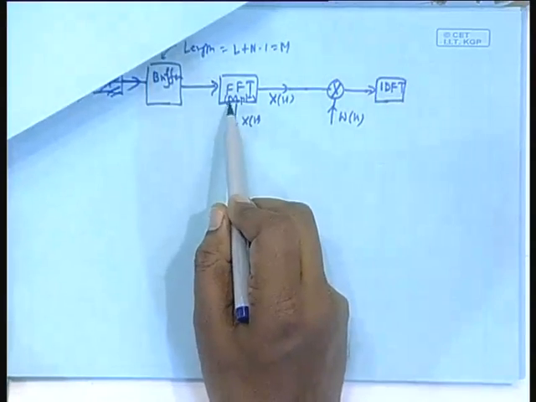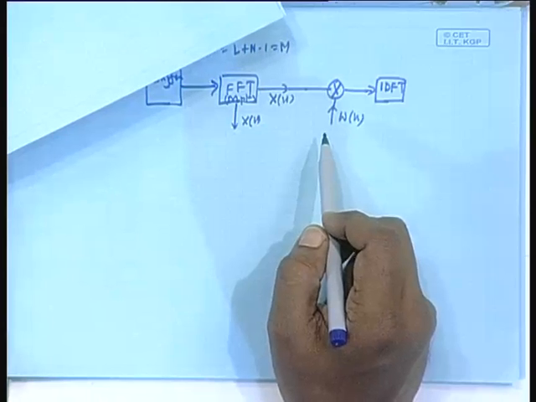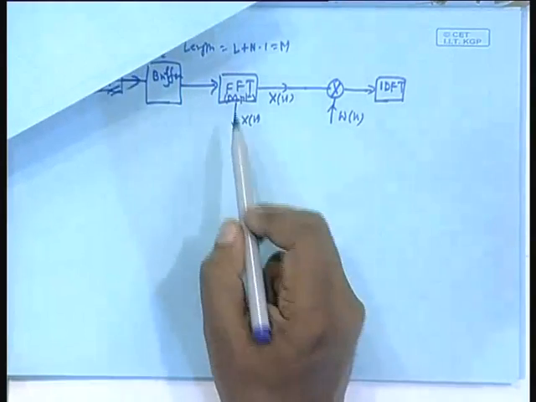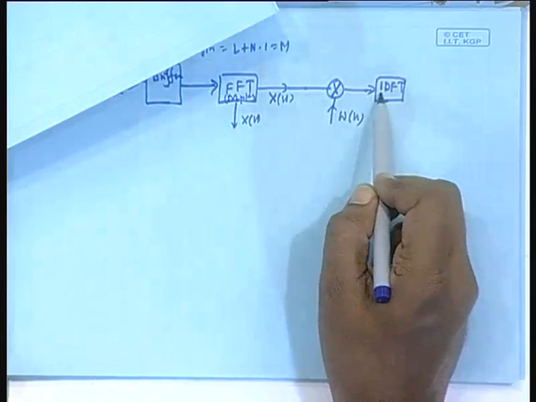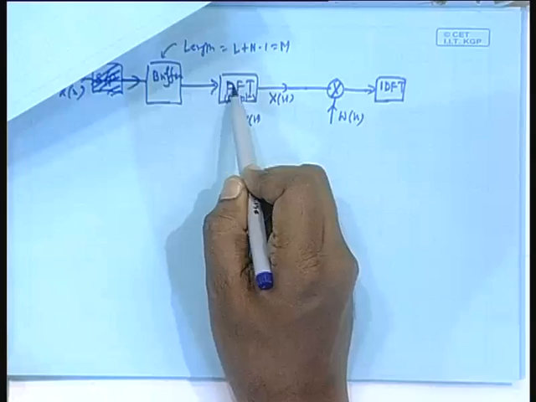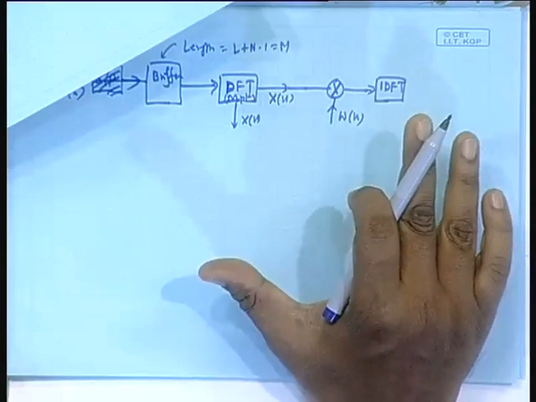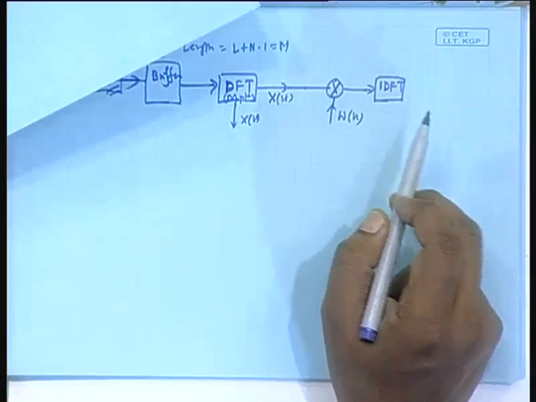I have written M point FFT only once. I hope you understand that everywhere when I write DFT or IDFT, it will be M point. In fact, instead of FFT, you can call it DFT also, because I am writing IDFT instead of IFFT. So, in case you are confused, DFT, but basically you will be using fast algorithms only to implement them, okay, not just primitive computation.